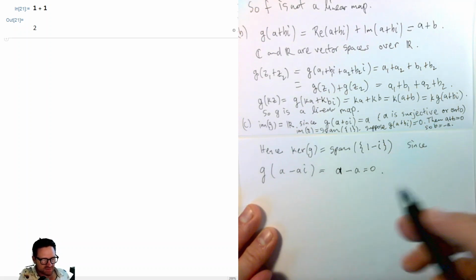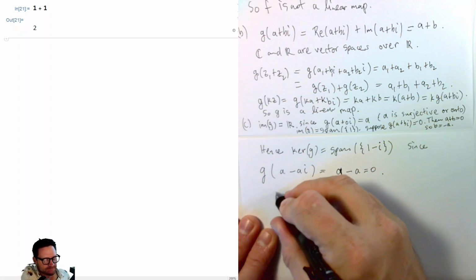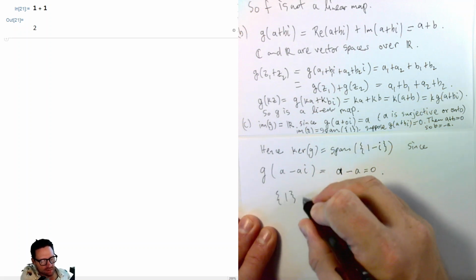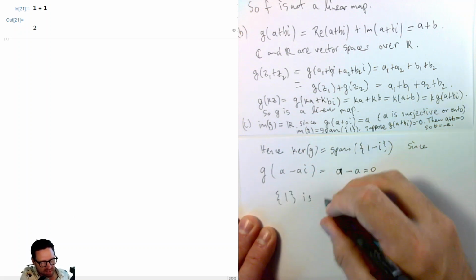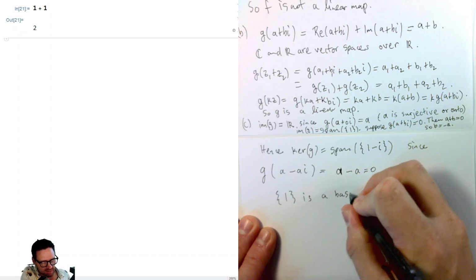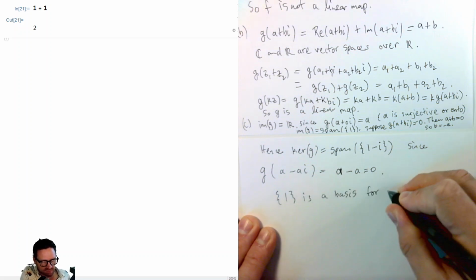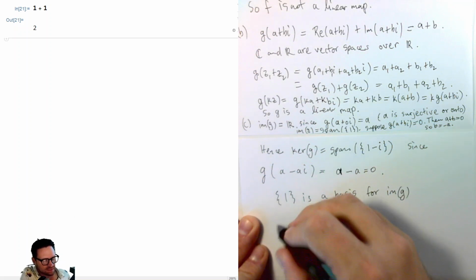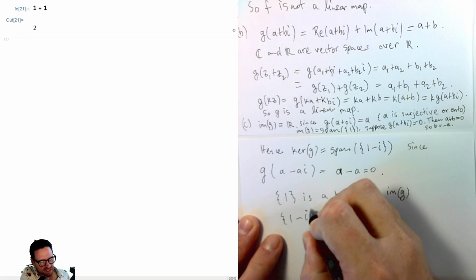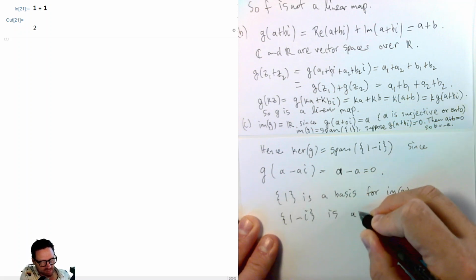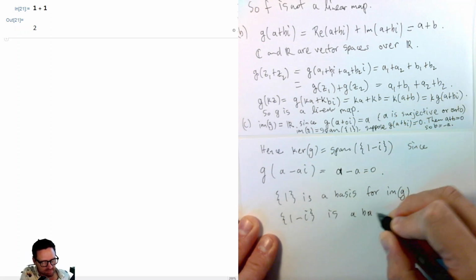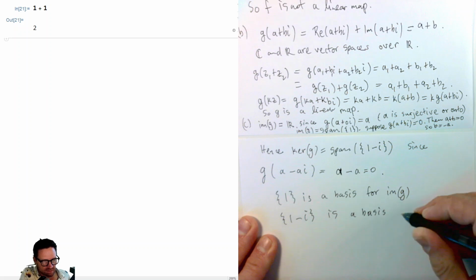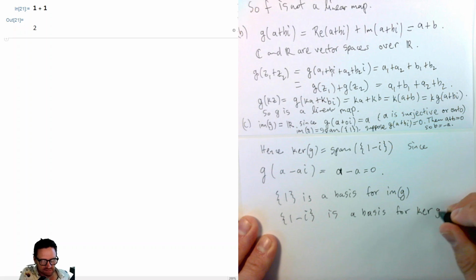Okay, and so to answer the question, this vector 1 is a basis for the image of G, and 1 minus I is a basis for the kernel of G.